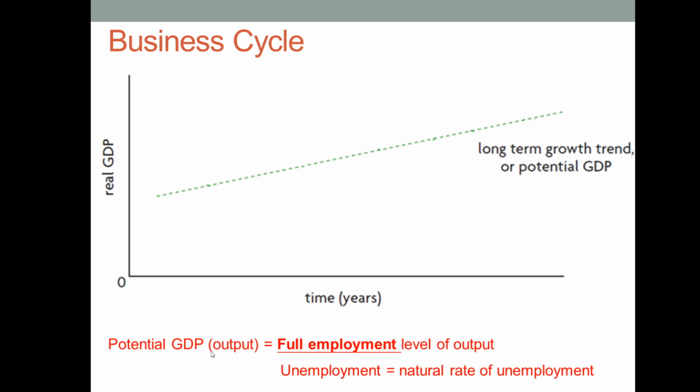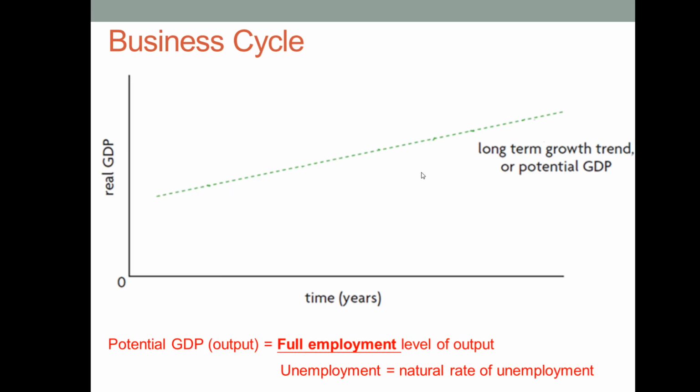So now we get it. At any point along this line, you will reach potential GDP, which is the full employment level of output. But the economy doesn't work like this. Our economy doesn't go along this line.